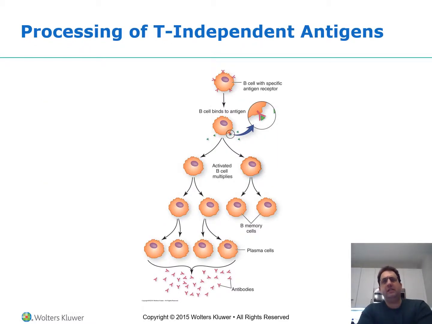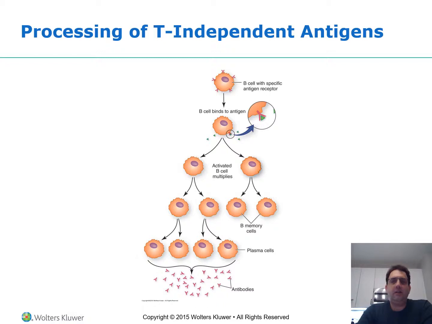So the T-independent ones, the rarer, a B cell with a specific antigen receptor will bind to a cell with that antigen. That will then trigger the B cell to multiply or go through cloning. And of those clones, it will make a whole bunch of plasma cells who will make antibodies that are complementary to that antigen and will attach to that antigen.